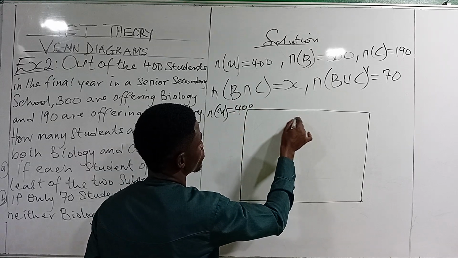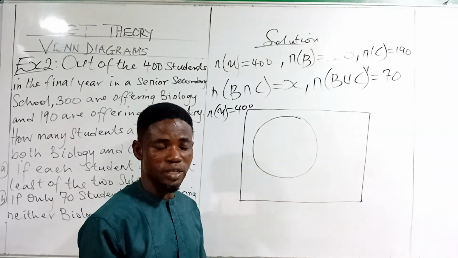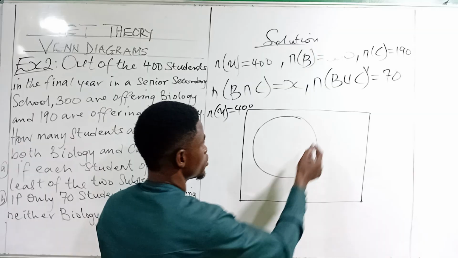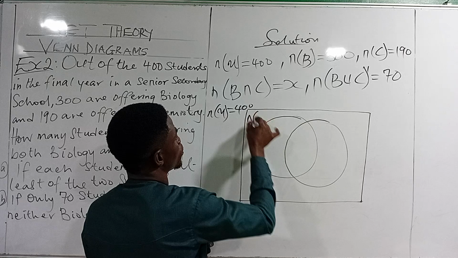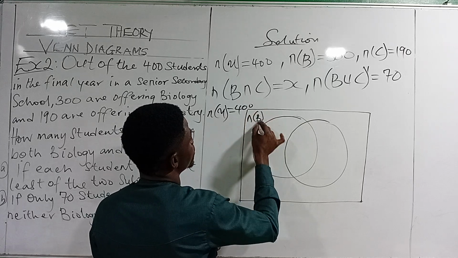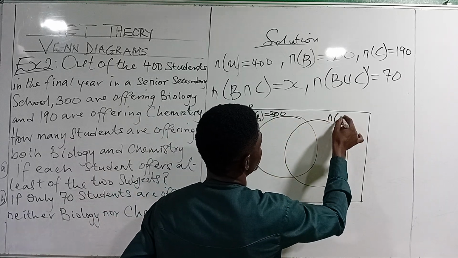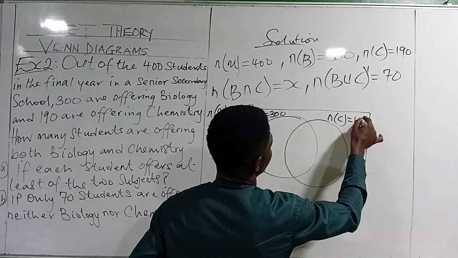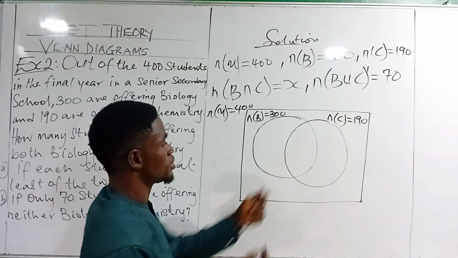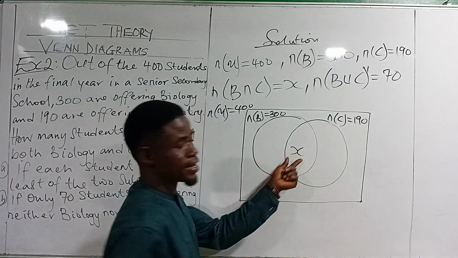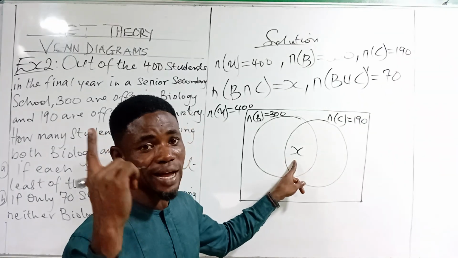Then here we have two subjects, biology and chemistry, so we have two regions. The first one can be your biology, which is 300. And the second one can be your chemistry, which is 190. Now, those who offer the two subjects, we don't know it. We put it as X. Those who offer both biology and chemistry, we put it as X.